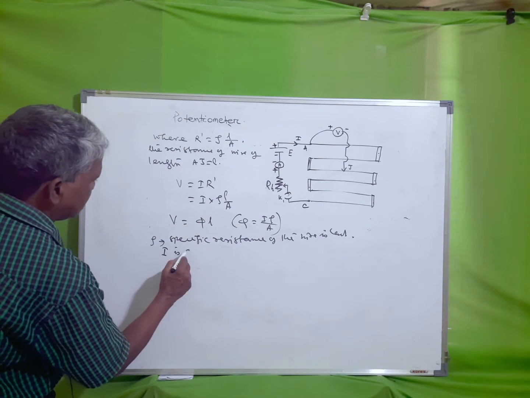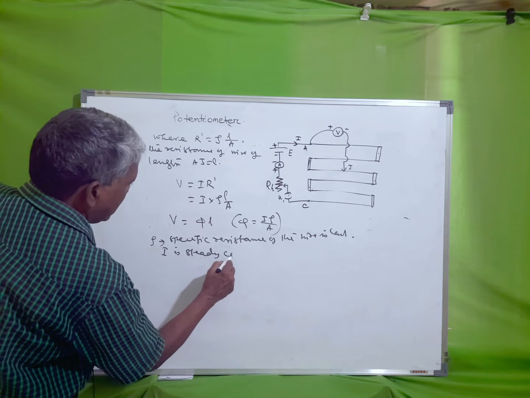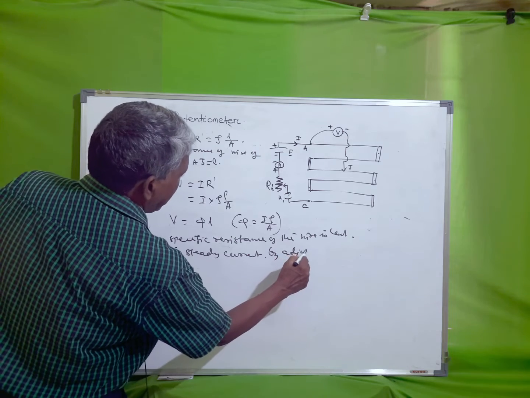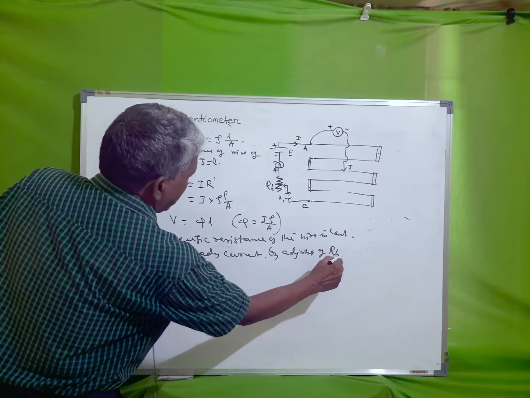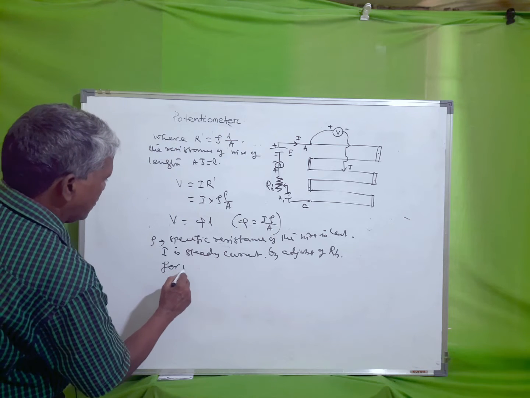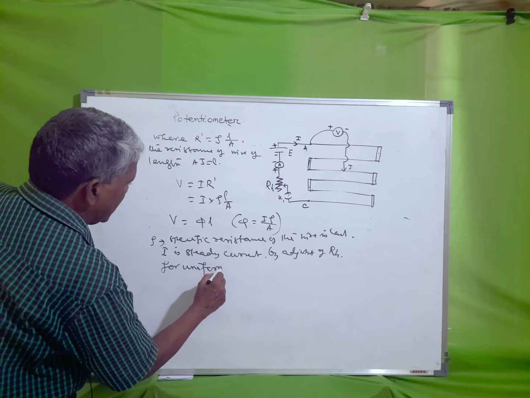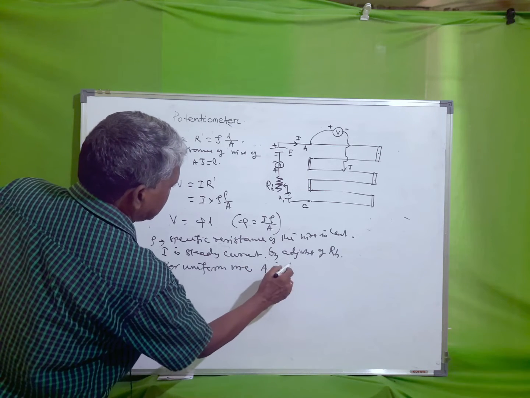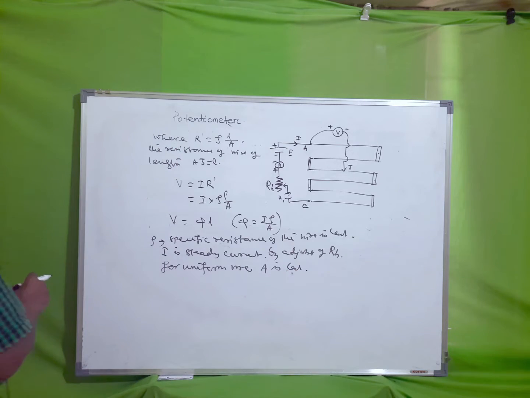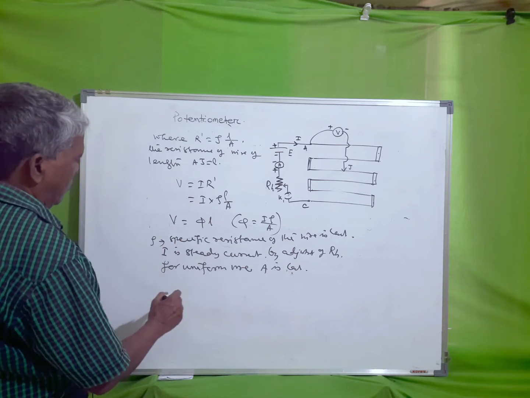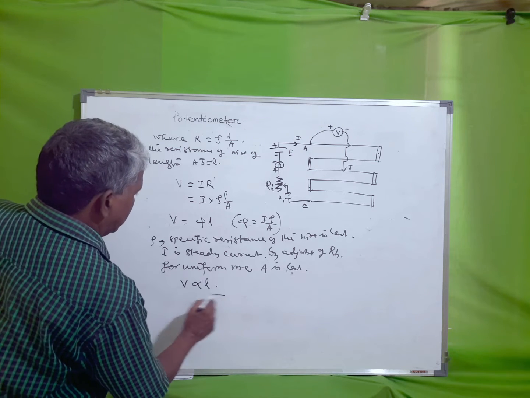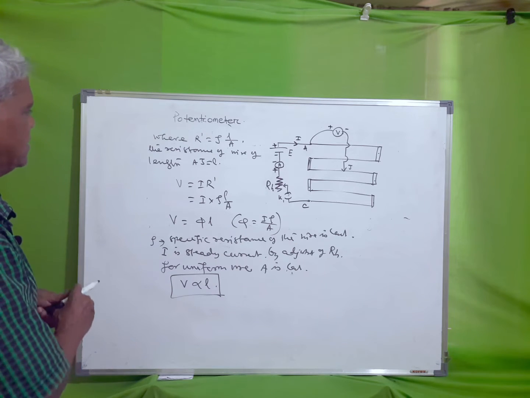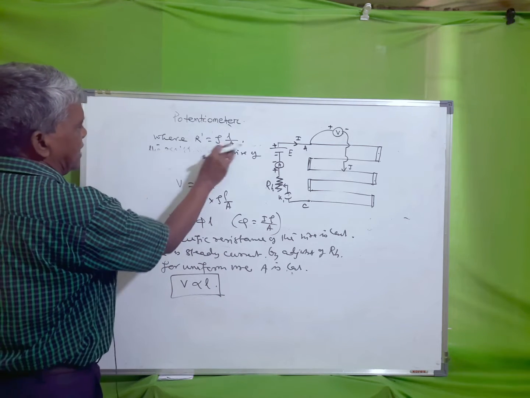I is a steady current by adjustment of RH. For a uniform wire, I is fixed, so V is proportional to L. So for a potentiometer, the potential difference across a length is directly proportional to the length.